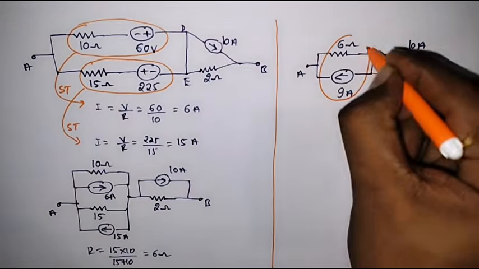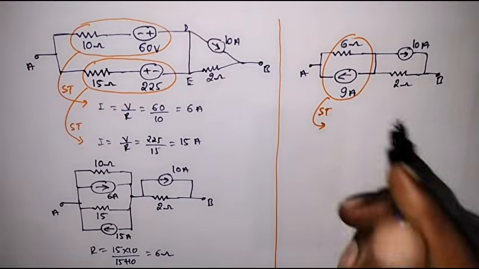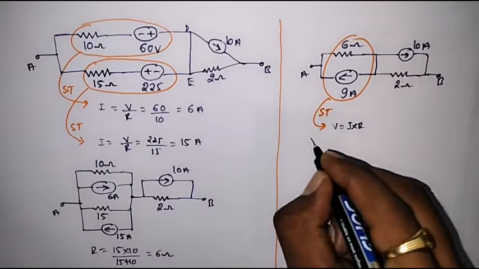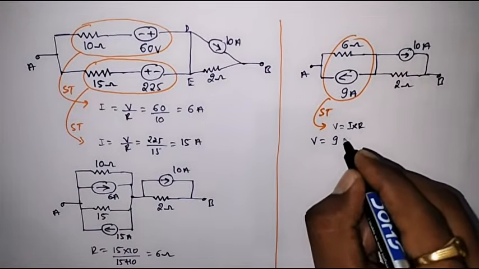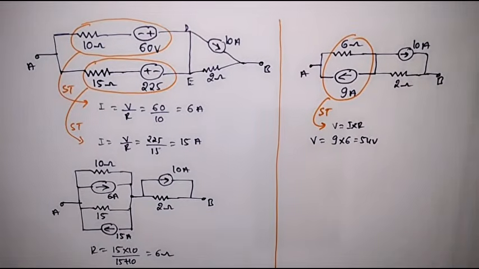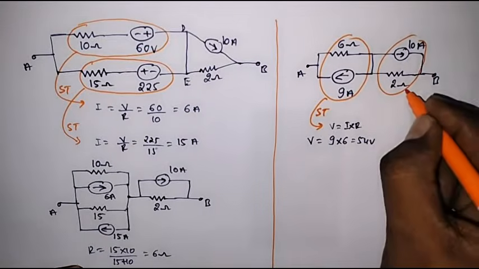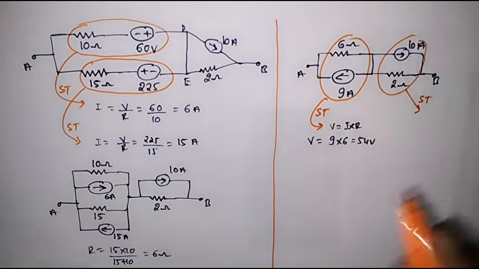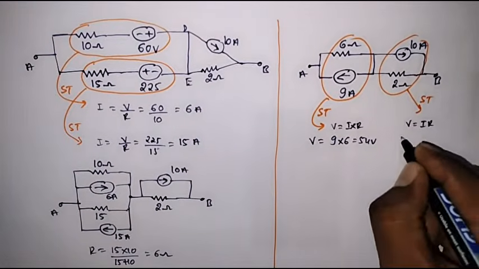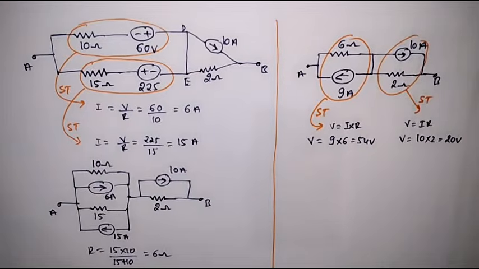I'll apply source transformation. Therefore I can write V is equal to I into R, that is V is equal to 9 into 6 is equal to 54 volt. Similarly, I'll transform this current source into a voltage source as V equal to IR, that is V is equal to 10 into 2 is equal to 20 volt.